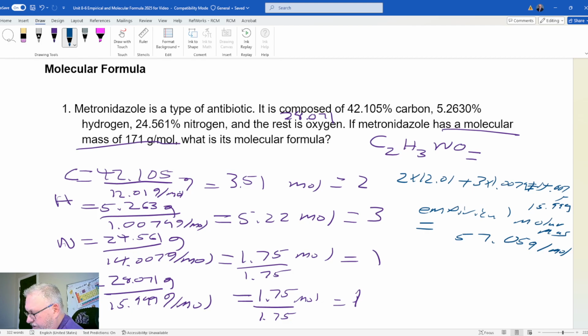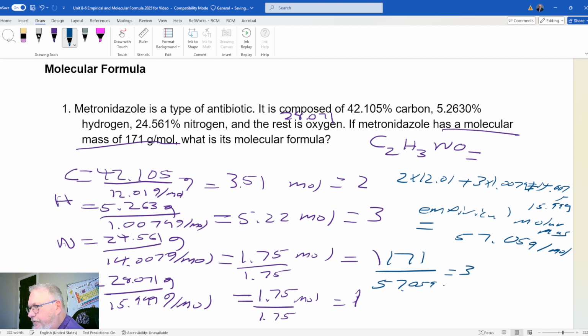Now we're going to take that 171 and divide it by the empirical formula molar mass, 57.05.